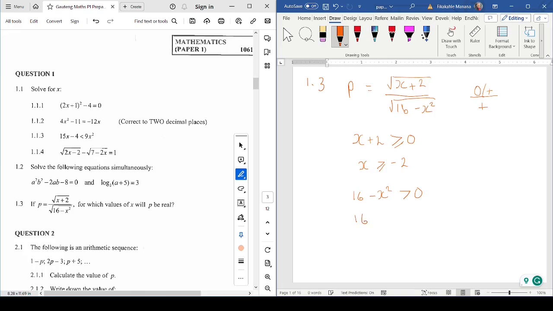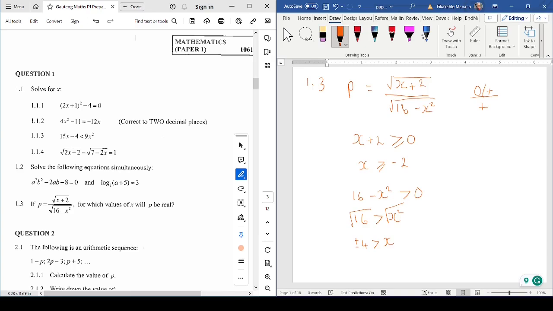So I've got 16 is greater than x squared. Now I want x on its own, square root both sides, and then I get that the square root of 16 is plus or minus 4. That's greater than x.